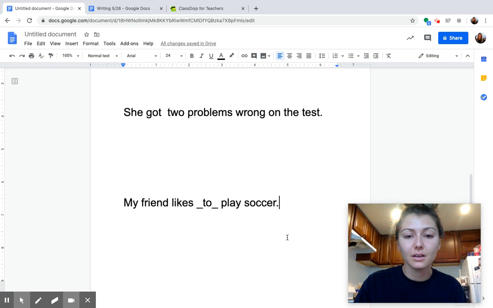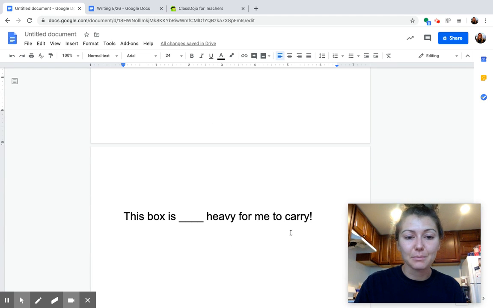Let's move to our next example. This box is blank heavy for me to carry. This box is too heavy for me to carry. Well, which form of "to" are we using? This time, we can kind of use the process of elimination to figure out which form of "to." We're not going to use T-W-O because there's nothing that we're telling. We're not saying that there are two boxes for me to carry.